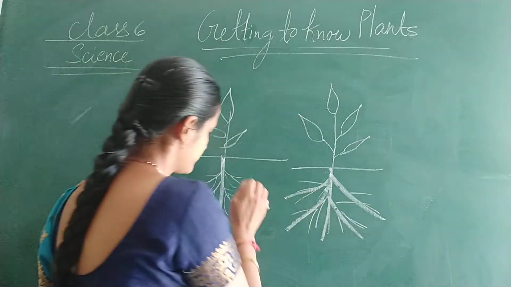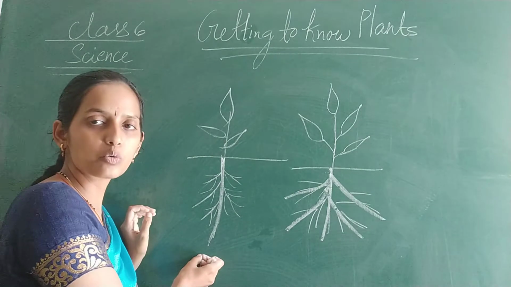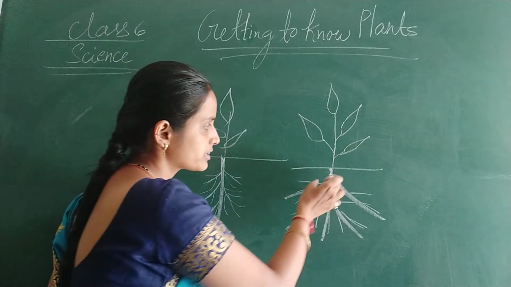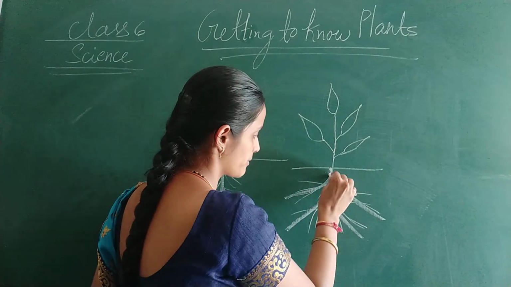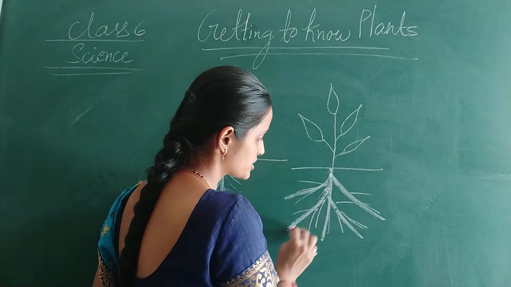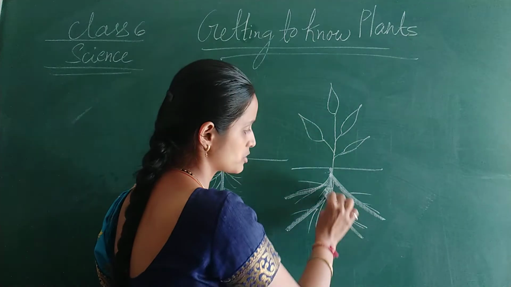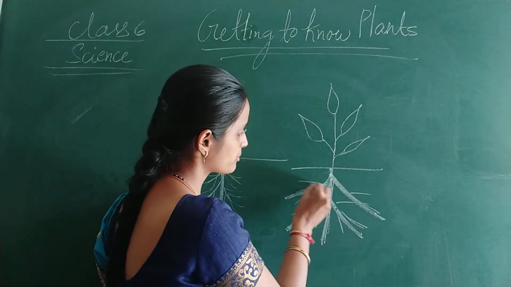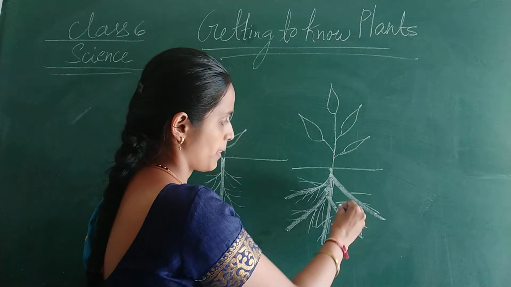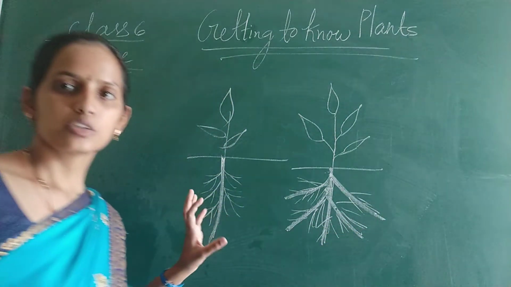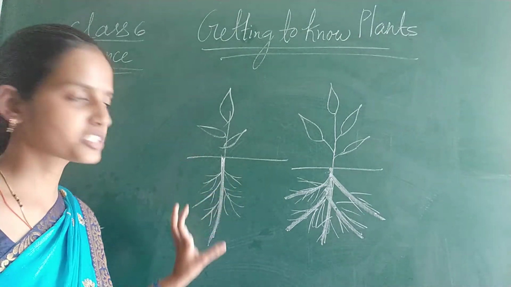In the tap root there is one individual main root, but in this fibrous root you can see a thick root system, a bunch of roots. These are main roots, and from these only small roots are growing. So it is actually a simple root system.